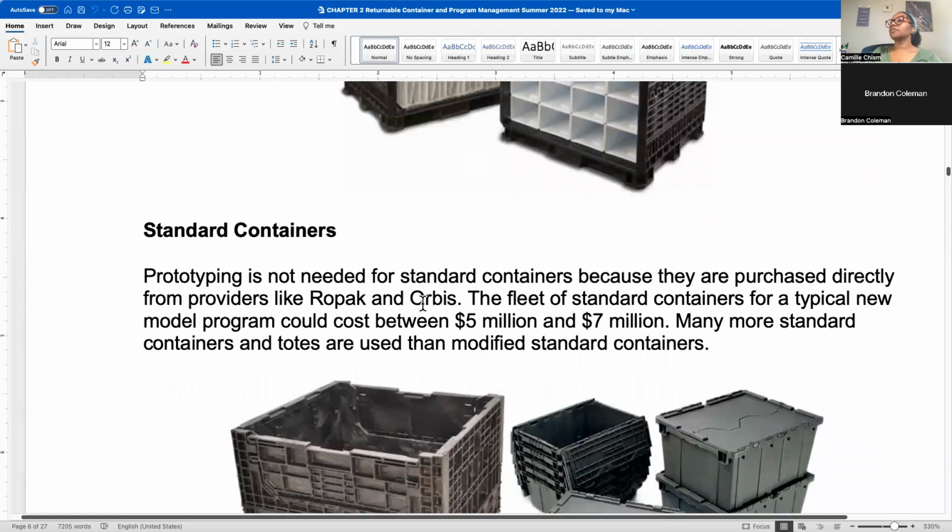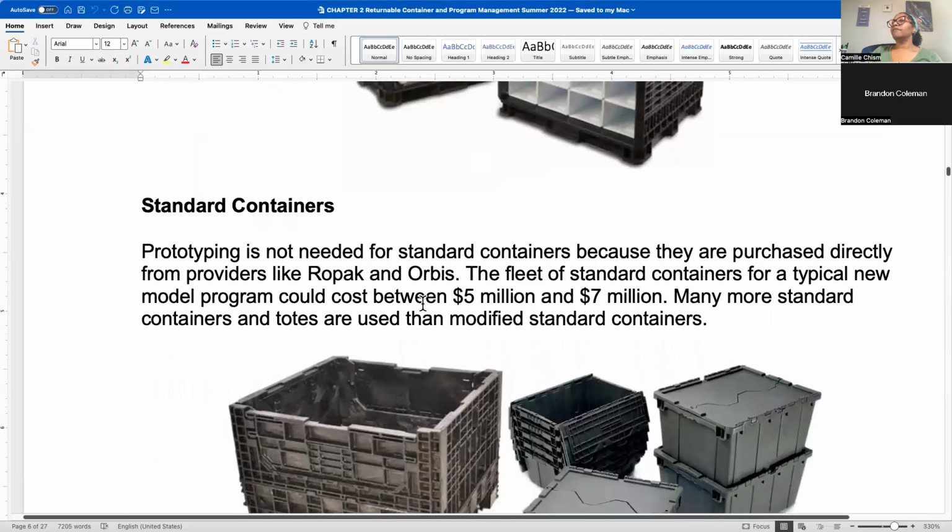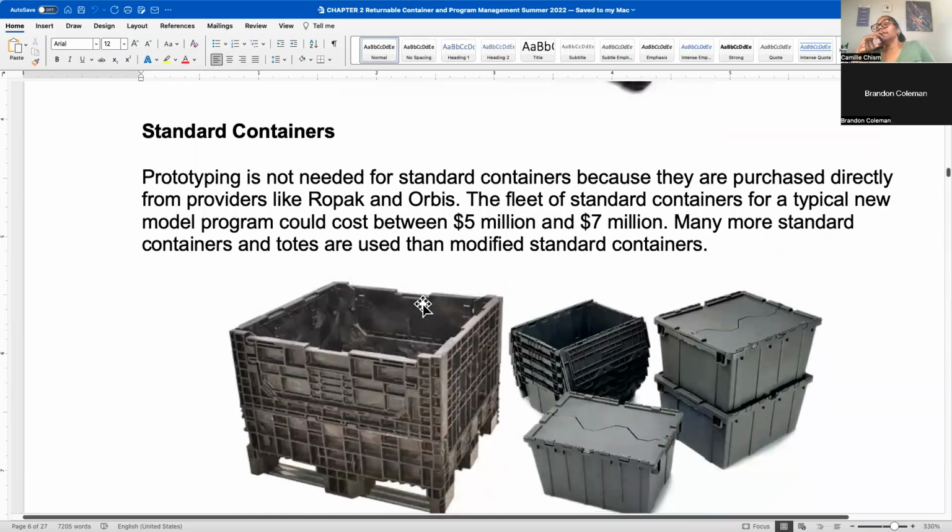Okay. So if you get standard containers, we were talking about the whole process of prototypes, and I mentioned that if you have things that are either already being used and you're just reusing, or you have standard containers, you don't have to necessarily look at getting prototypes.